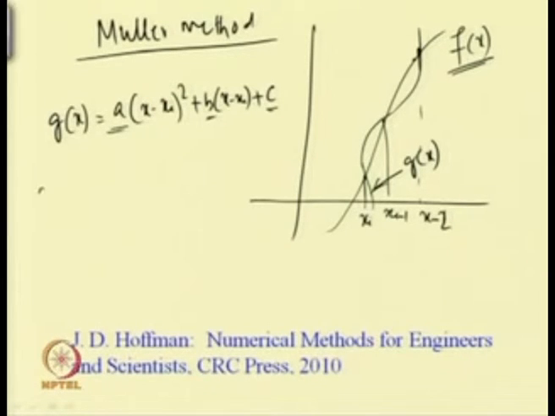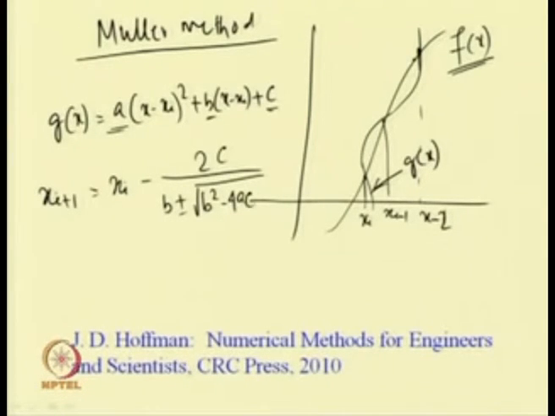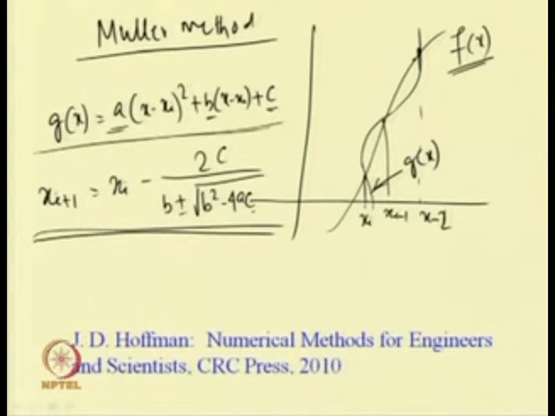That is, we can write x i plus 1 equal to x i minus 2c by b plus minus root over b square minus 4ac. So, the next iterative point one can obtain by using this expression, where a, b, c can be obtained by solving these equations from these points.